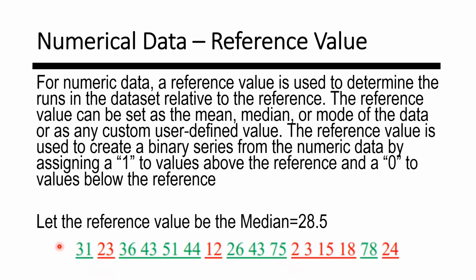Thus, here is the color coding, and then we count the runs as usual, similar to how we counted on the binary data. So 1, 2, 3, 4, 5, 6, 7, 8. Thus, the total runs of this example is 8.